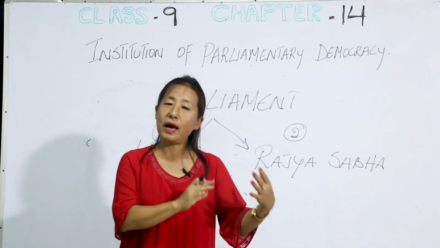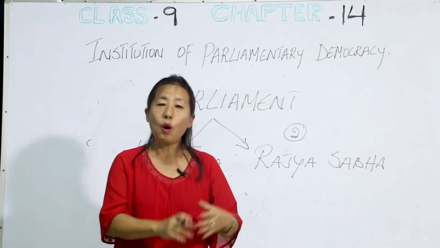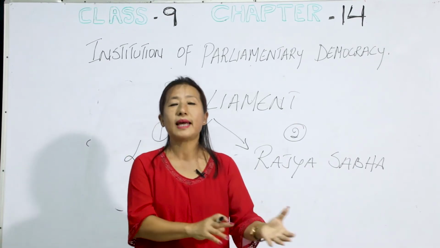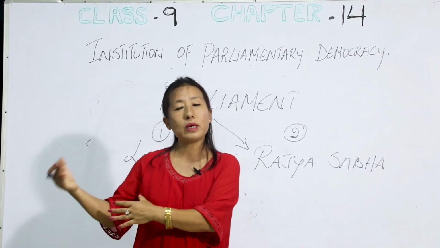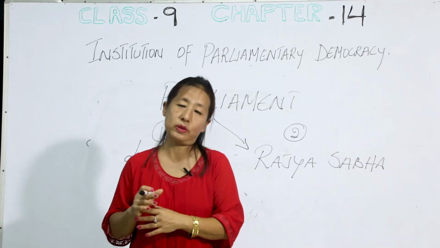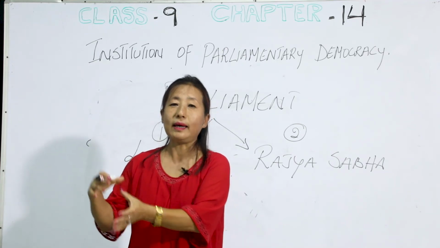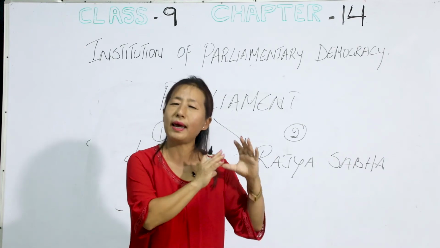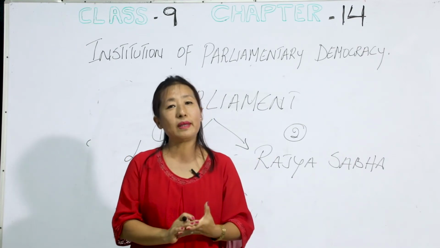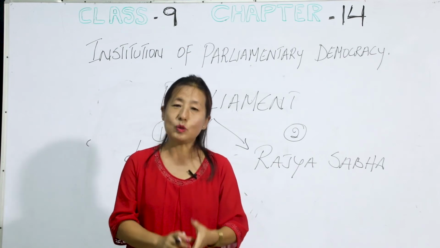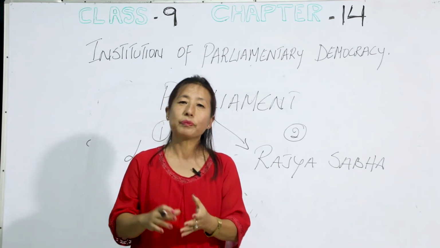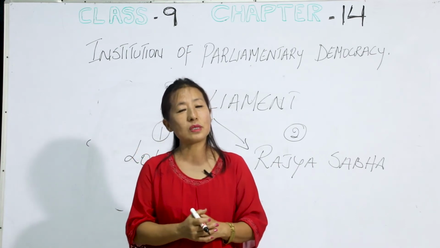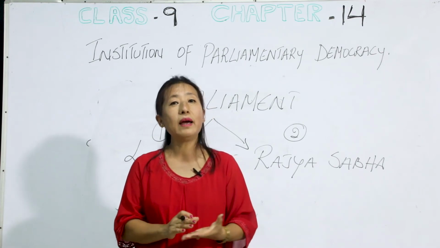They don't have the power to refuse it. What they can do is send it back to the Lok Sabha, requesting them to look into the matters again. But if the Lok Sabha passes it the second time, then by any means, the Rajya Sabha has to accept it.